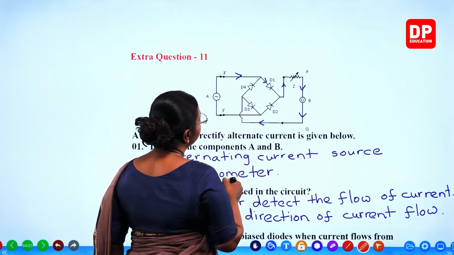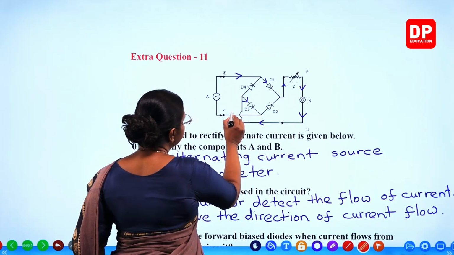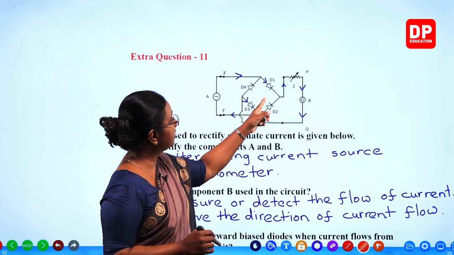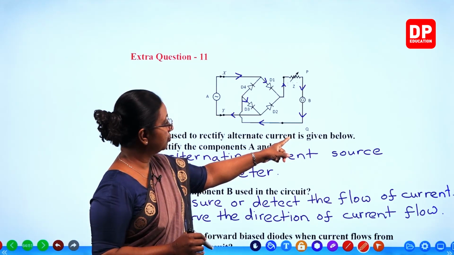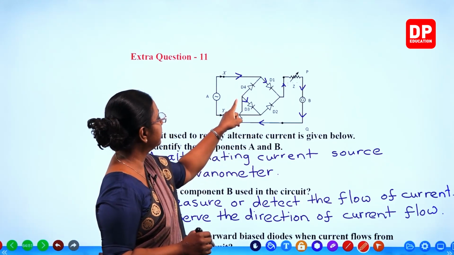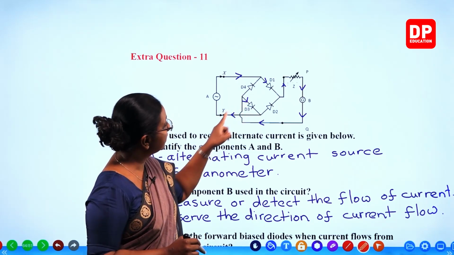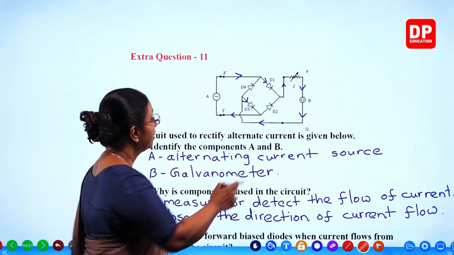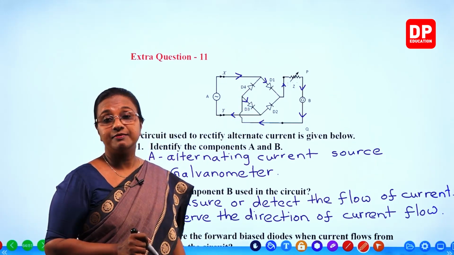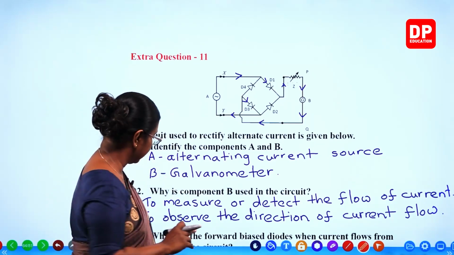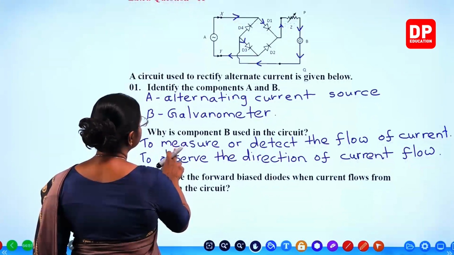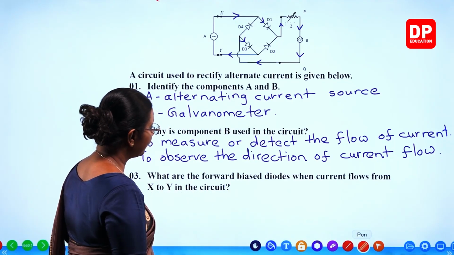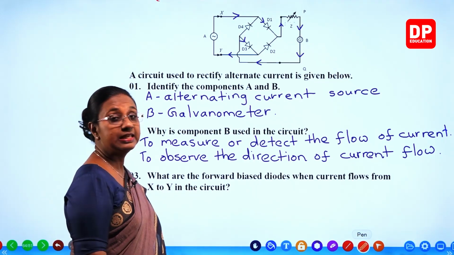So it has to be through D3 and then back to point Y. So, X, D1, then Z, P towards Q through B, and then D3 and Y. In this, both D1 and D3 are the forward biased diodes, whereas D2 and D4 are reverse biased. I am sure you all can understand that.